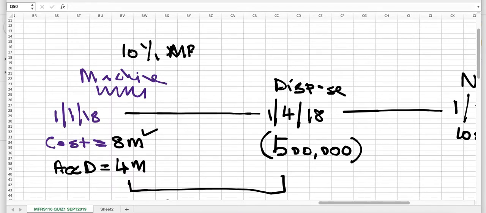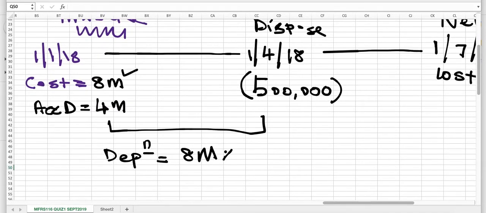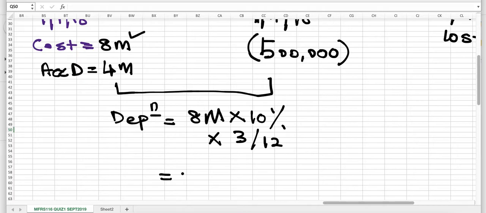Monthly basis. So this one you have to times with 10%. Times with how many months here? 1, 2, 3. Up to 3 because this is 1st April. So this is only 3 months. So 3 over 12. So 3 over 12 you get 200,000.